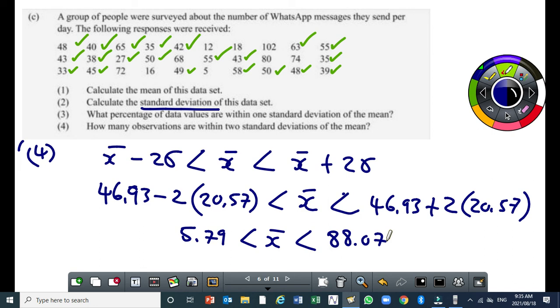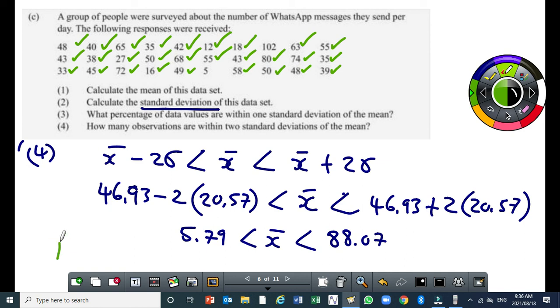The next thing is to count how many values in this data set are between 5.79 and 88.07. Already you can see that this 5 here is out. The ones that I ticked previously fall in that interval. So 12 also, 18, 102 no, 68 yes, 80, 74, 72, 16. So we only have 2 values that are not in that interval.